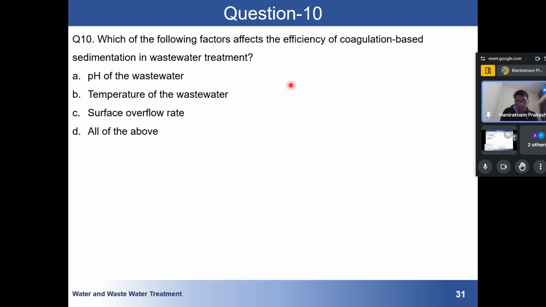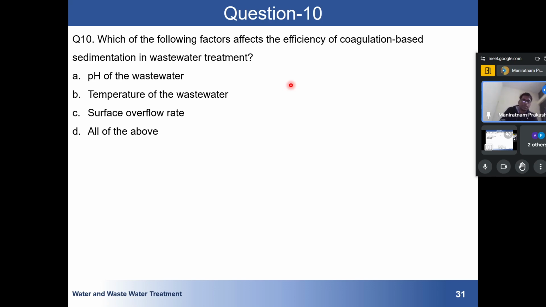In flocculation, we slowly add chemical and slowly mix it, so that the particles which were not able to settle down due to coagulation may also get settled down. Just let me recall, did I say right or wrong? I said right only.